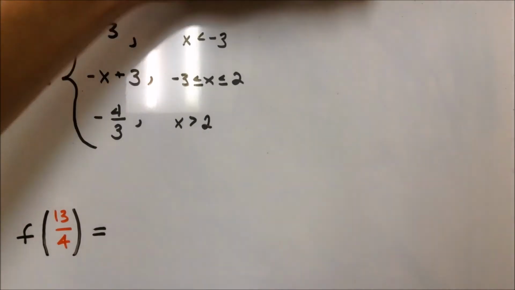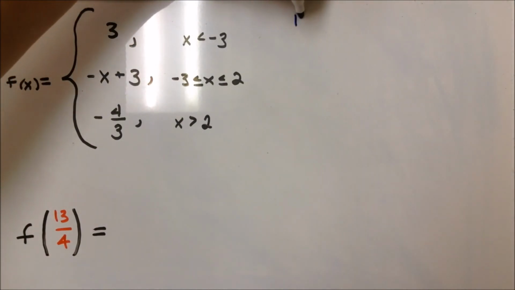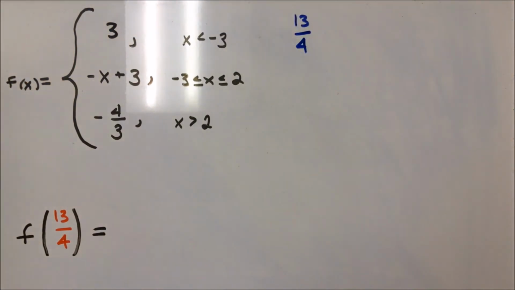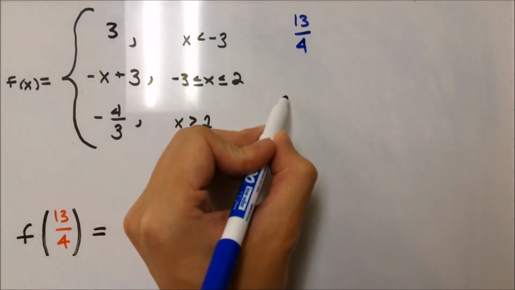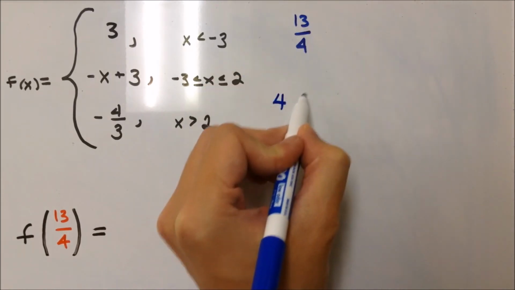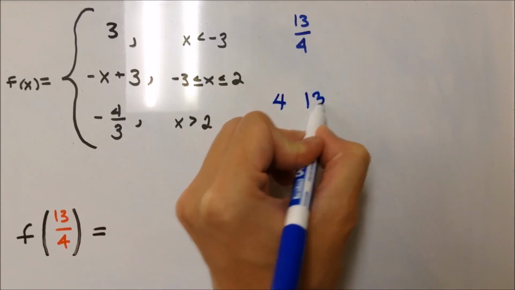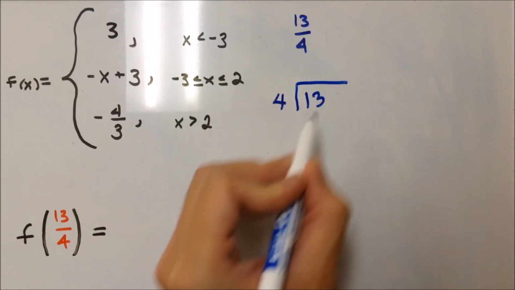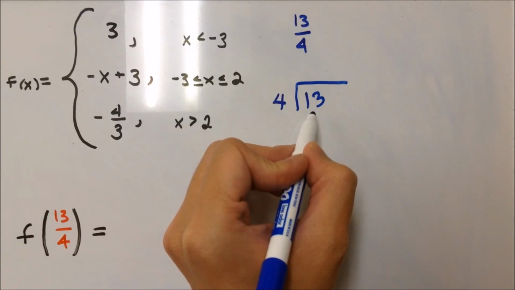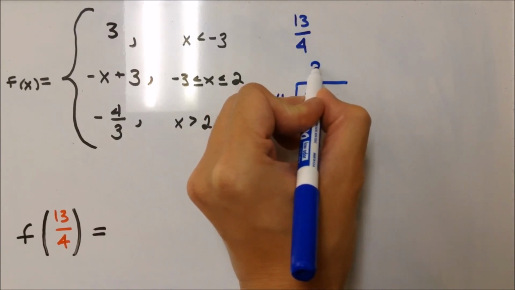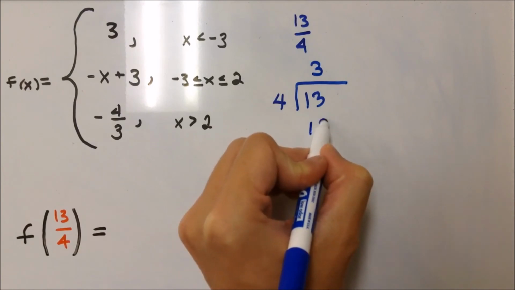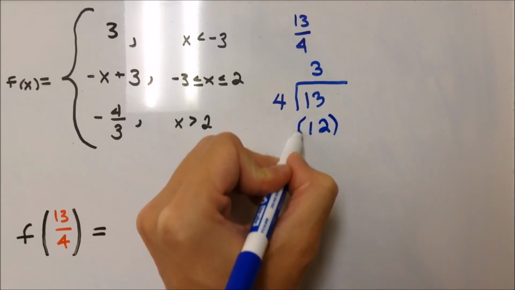So I'm going to write 13 over 4 over here. So now we're going to use long division. So the denominator 4 will be on the outside, numerator will be on the inside. So 4 can go into 13 3 times. So 3 times 4 is 12. And I'm going to put parentheses.